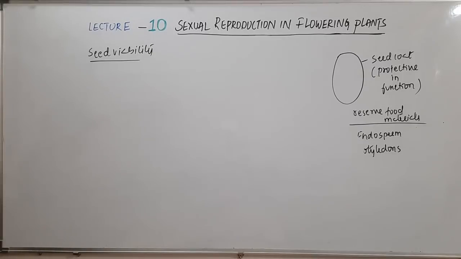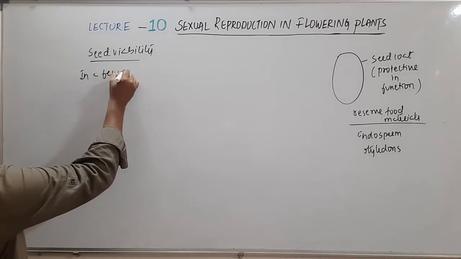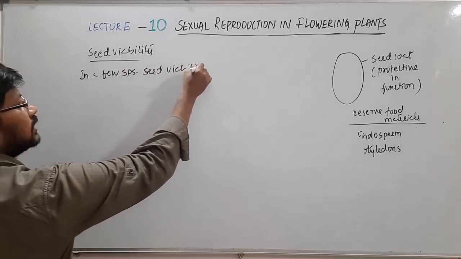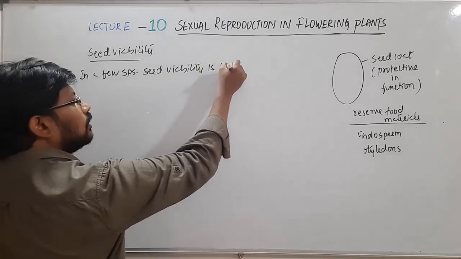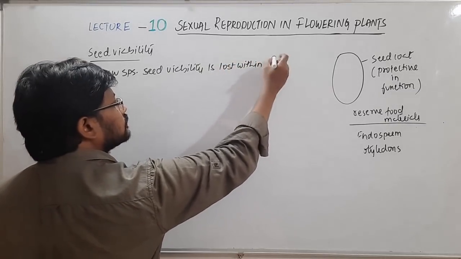So when we see the seed viability in a few species, the seed viability is lost within a few months.